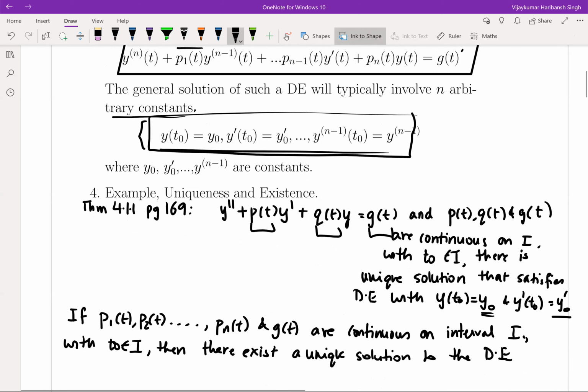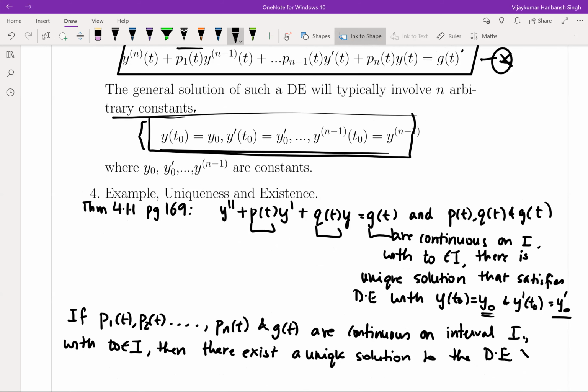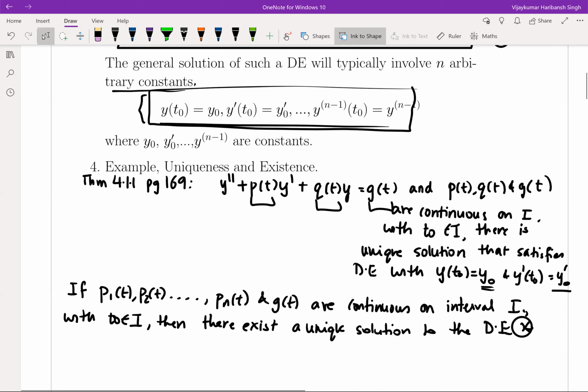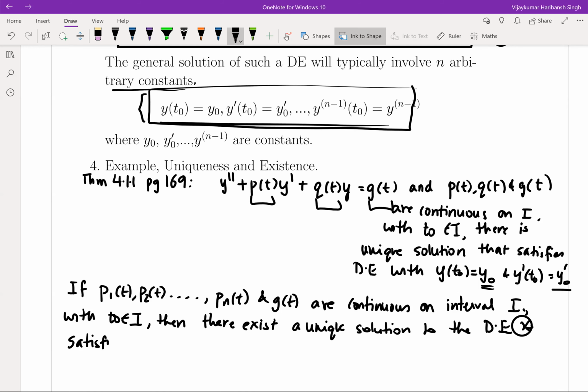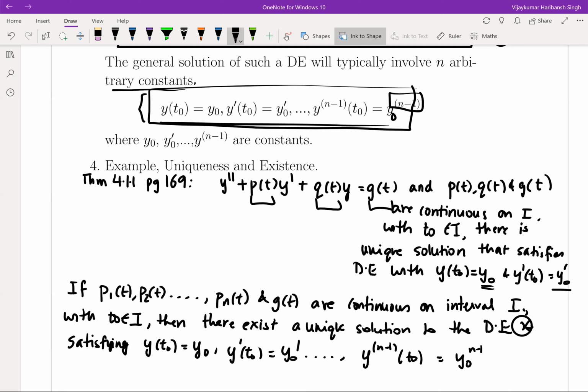It has a unique solution to differential equation star satisfying y of t naught equals y naught, y prime of t naught equals y naught prime, and so forth, up to y to the n minus 1 of t naught equals some y naught. Note that these are not derivatives of y naught; these are just notations to indicate them. These are just some numbers.